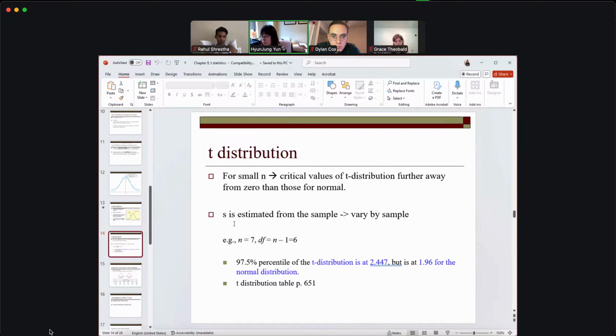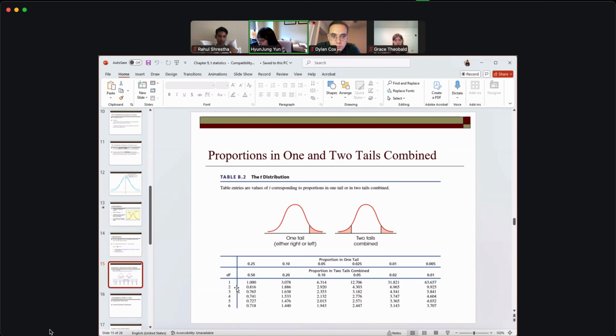It's 6. So we go down to degrees of freedom 6, and this is the one-tail test I'm looking at, and the tail probability here is 97.5, meaning 0.025, the tail probability of 2.5%. So the corresponding t-value is 2.447, right? So this is the t-value.